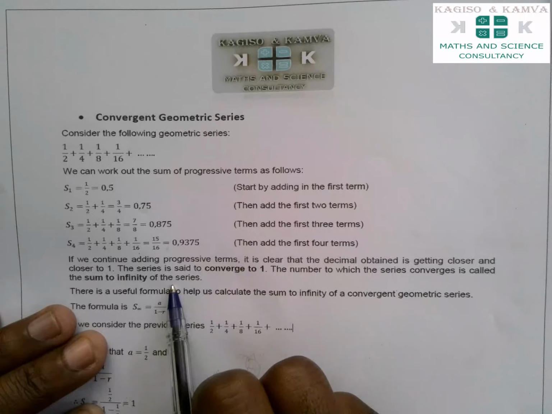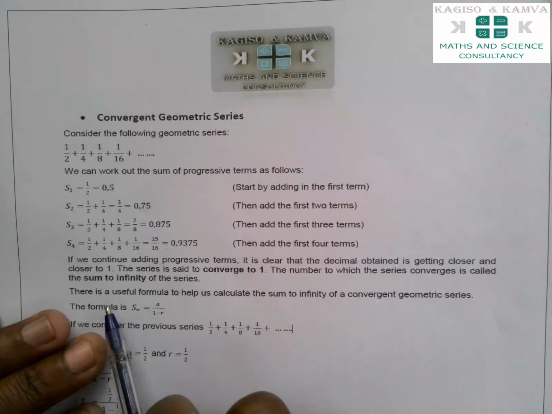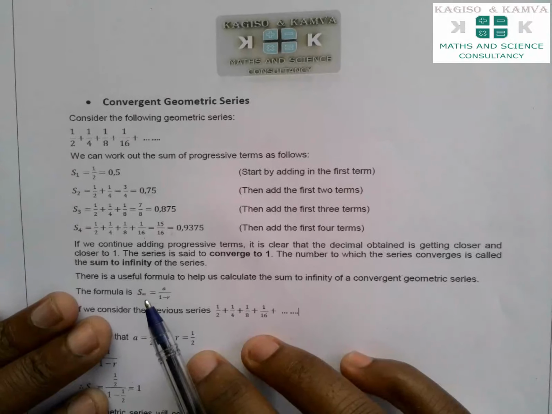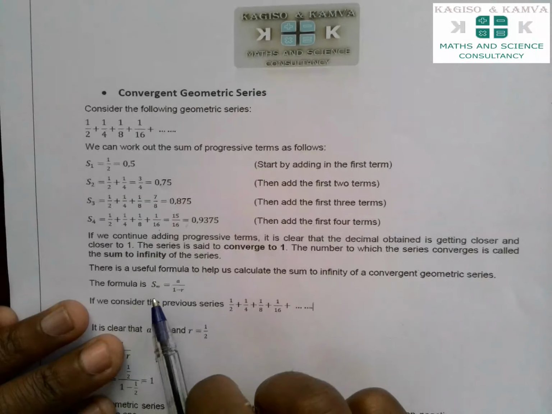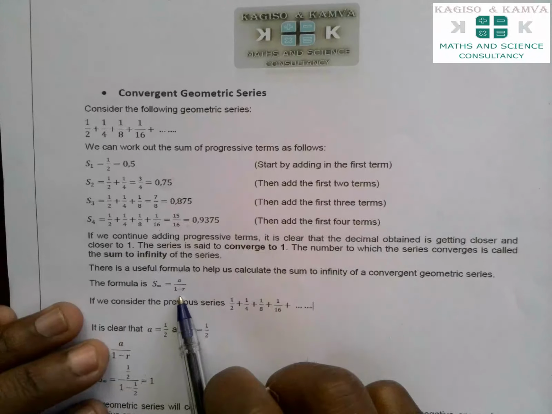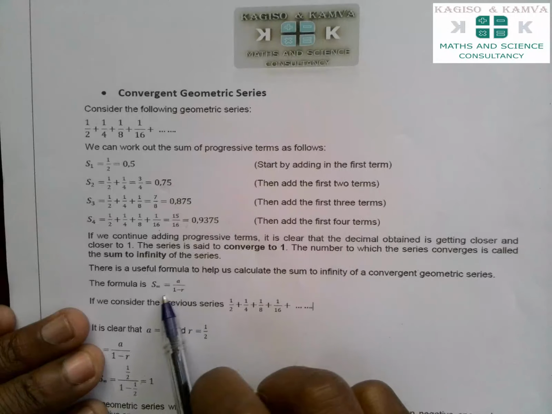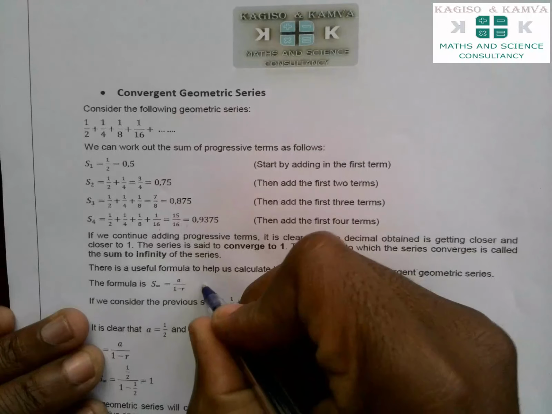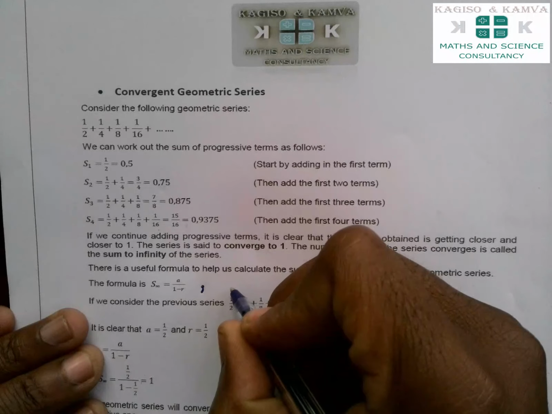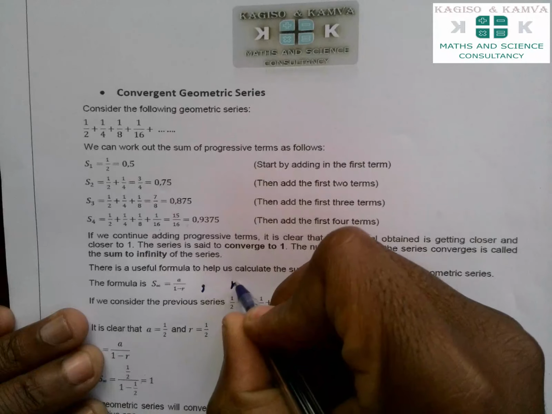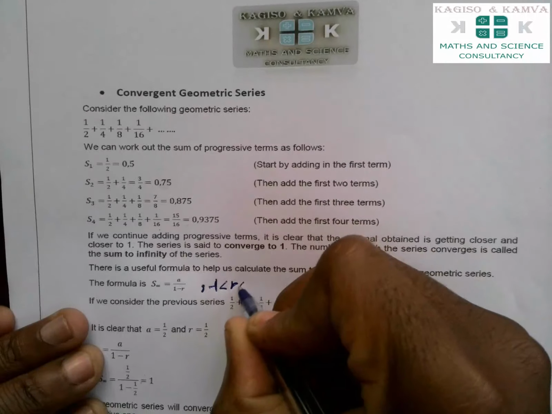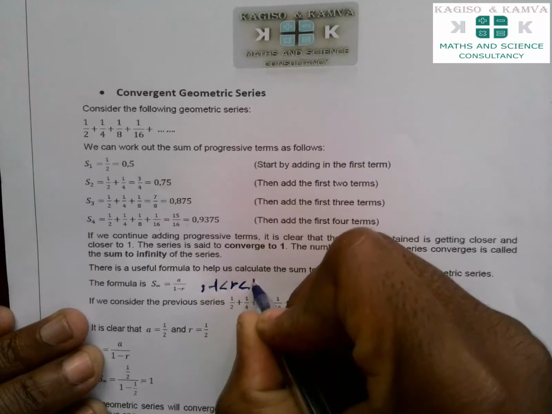Now there is a useful formula that we use to calculate the sum to infinity. We only use this formula if r is greater than -1 but less than 1.